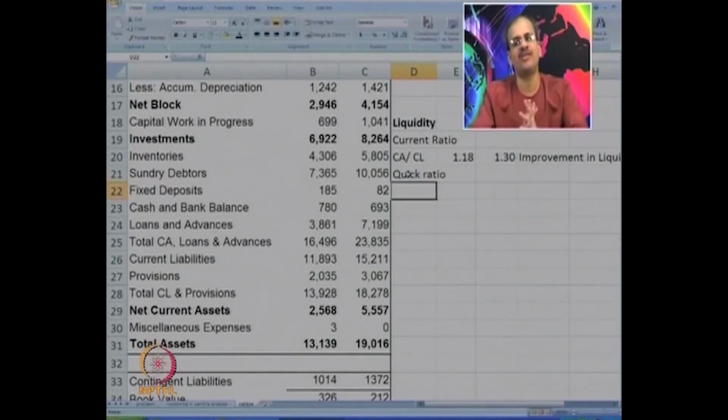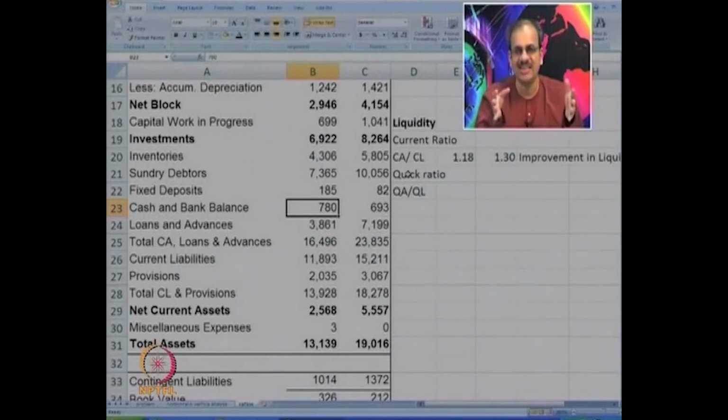Okay, what is the formula of quick ratio? It is QA upon QL, that is quick assets divided by quick liabilities. So, now tell me what are the quick assets. The ratio is also known as acid test, and we can say it is liquid assets upon liquid liabilities, one and the same thing.